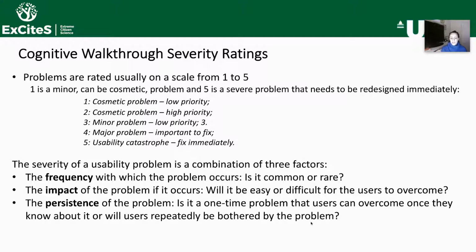And for the severity rating of a usability problem, you need to consider a combination of the following 3 factors: the frequency with which the problem occurs, is it common or rare, the impact of the problem when it occurs, will it be easy or difficult for the users to overcome, and the persistence of the problem, is it a one-time problem that users can overcome once they know about it, or will users repeatedly be bothered by the same problem?